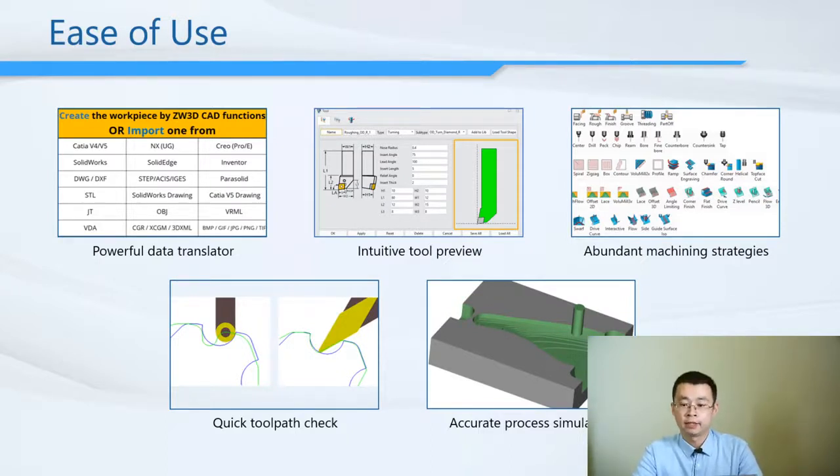And ZW3D has an intuitive tool preview to help you ease the job of creating your tools and avoid making mistakes. And ZW3D has abundant operations. You will never have difficulty finding the options that you want. And in ZW3D, we provide 3 ways to simulate the CAM procedure.